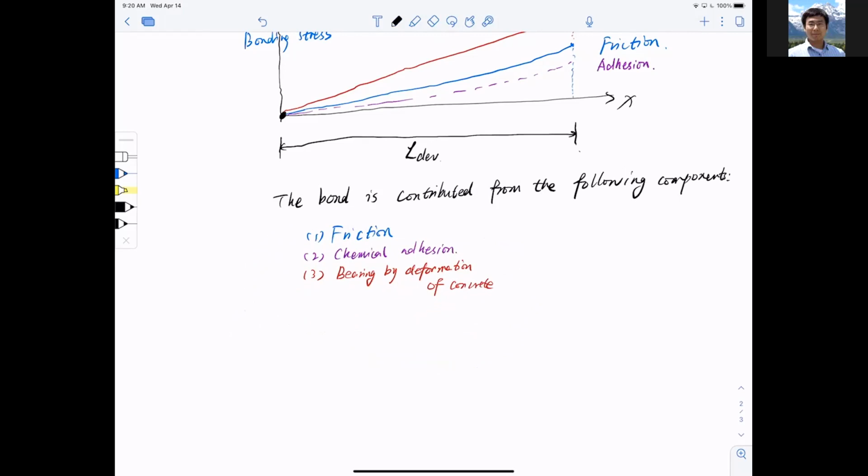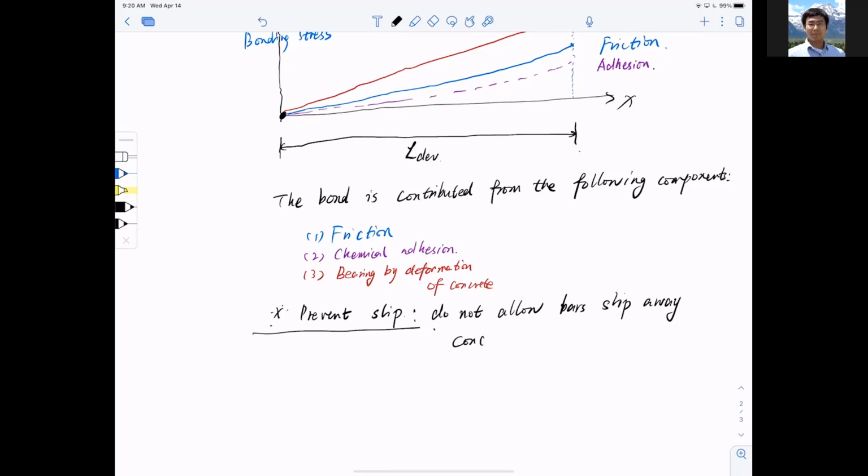But one more thing I want you to pay attention to. All this is to prevent what? Prevent slip. What does slip mean? Meaning we do not allow the bar to slip away from the concrete.